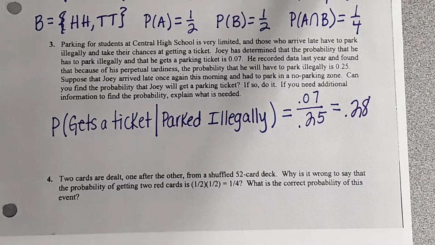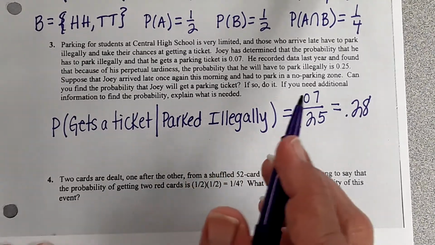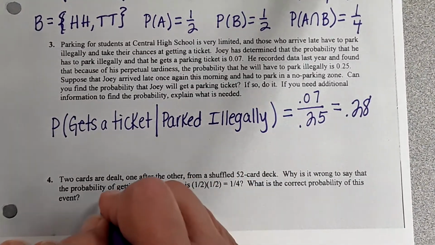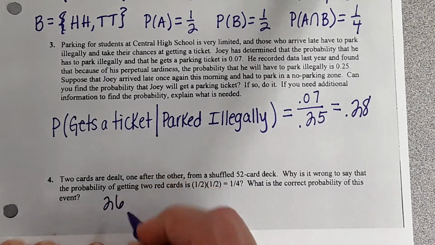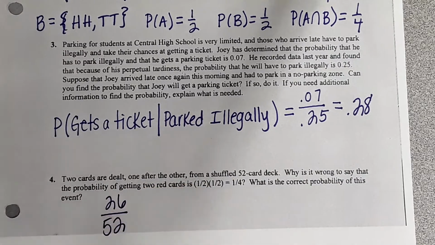So let's talk about that. How many red cards are there the first time? Anybody know? 26 out of how many cards altogether? 52. So that's the probability of drawing a red card. Normally that would be fine, especially if you put the red card back in, right?